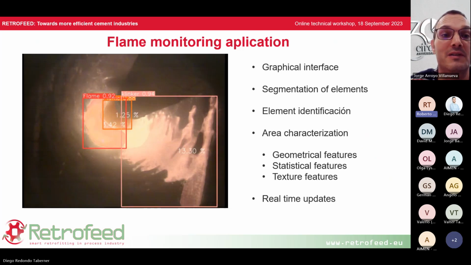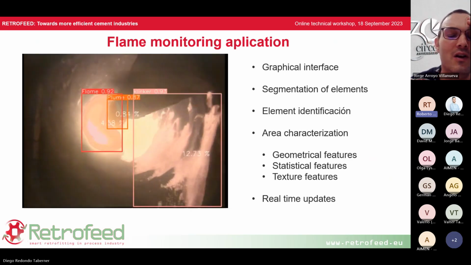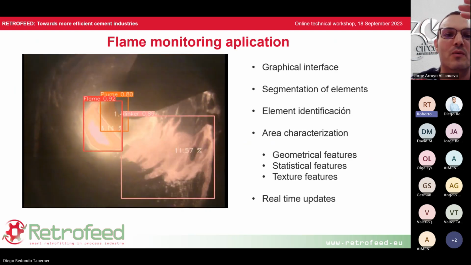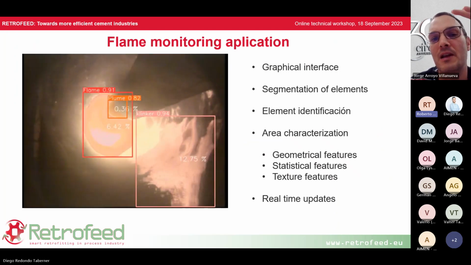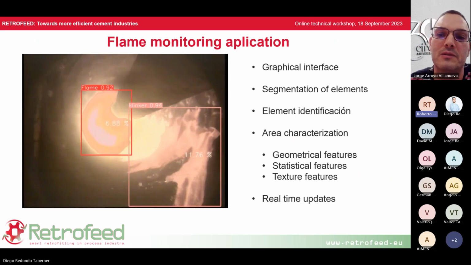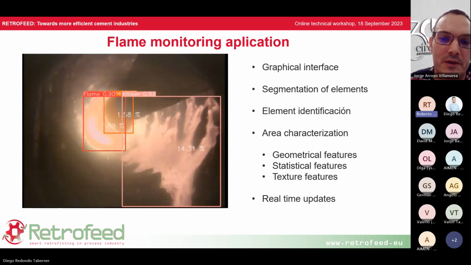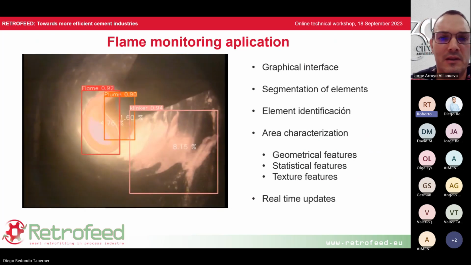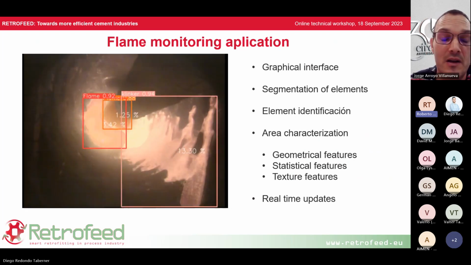In this case, the percentage of the image is the amount of pixels of each segmented part compared with the whole number of pixels. But we are also working on extracting other statistical features of the image and texture features. As I mentioned, one innovation of the application is that it can work in real time with a good frame rate.